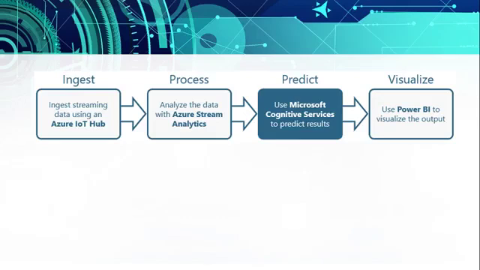Train the Custom Vision service with a collection of flower images, and it can tell you whether the next image includes flowers or even what type of flower it is.